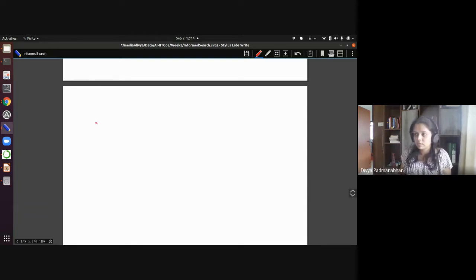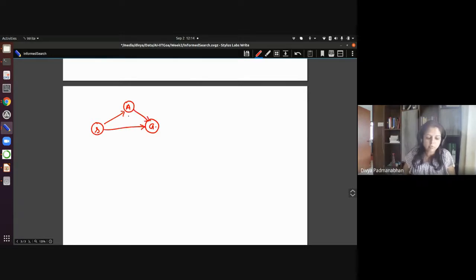This is a very tiny one. So you have S, you have A and you have G. Just three states and just two paths. So this is 1, and you have 3 and 5. These are the actual costs.